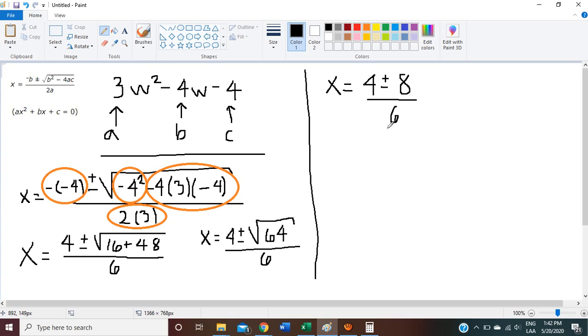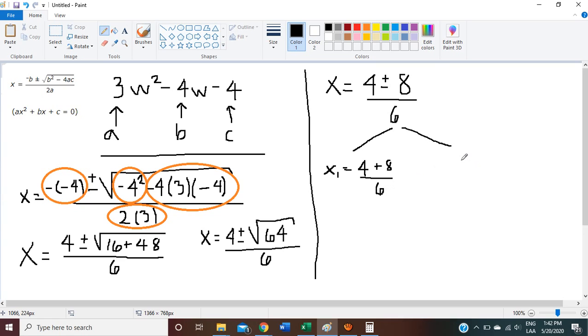Now we're going to split into two answers. Our first answer, we're going to call it x1, equals 4, and we're going to use the plus symbol right here, so plus 8, which is divided by 6.